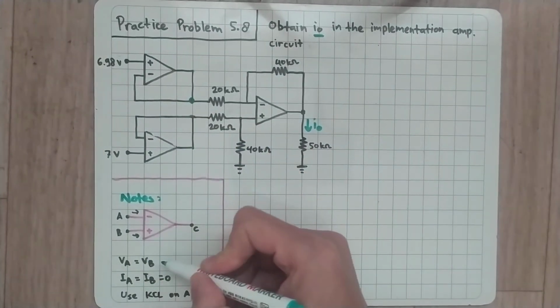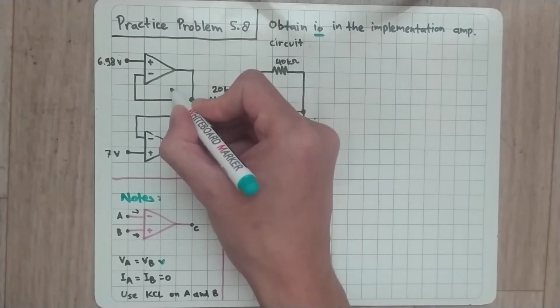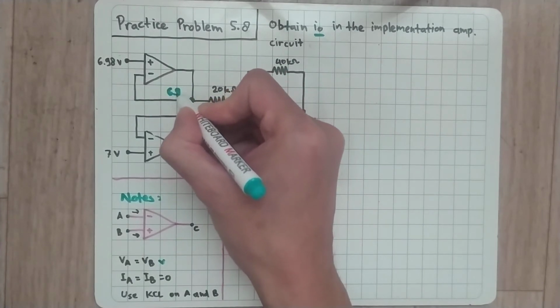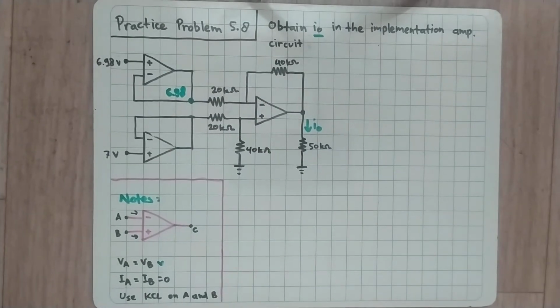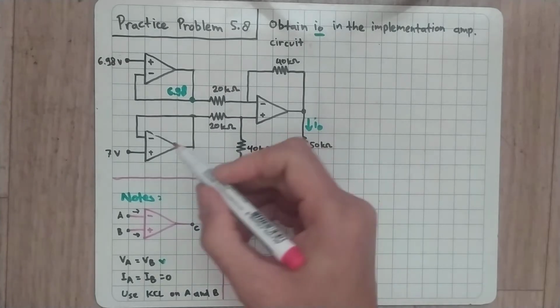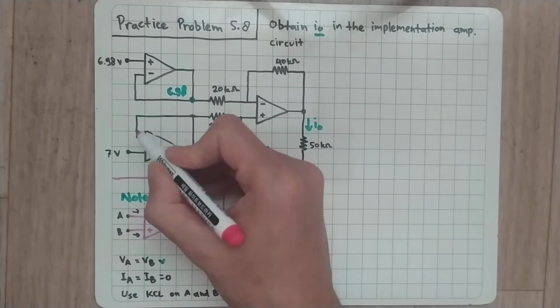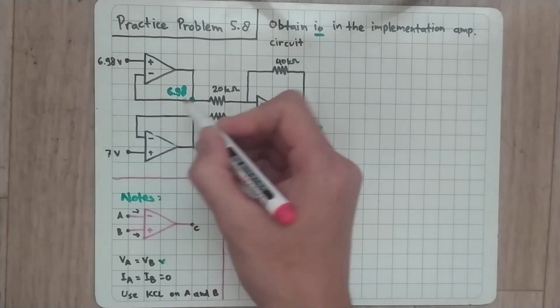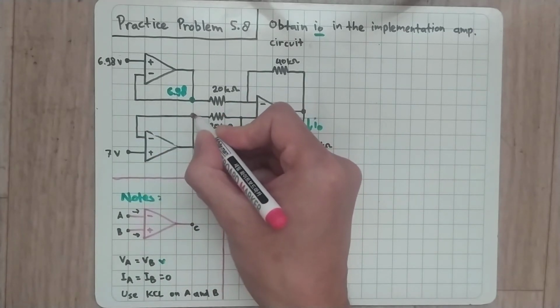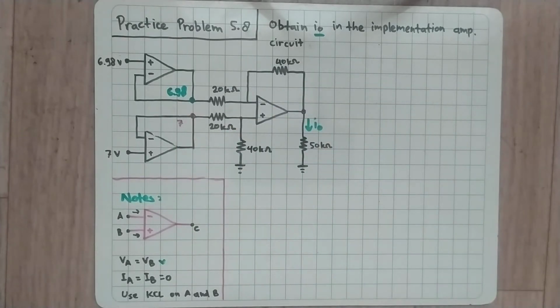So because of these properties, we will have the voltage in this node is 6.98. And then the same can be said here, because this is supplied with 7 volt. The voltage here will also be 7 volts, so the voltage in this node is also 7 volt.